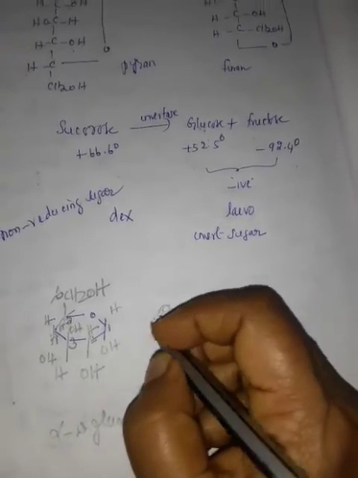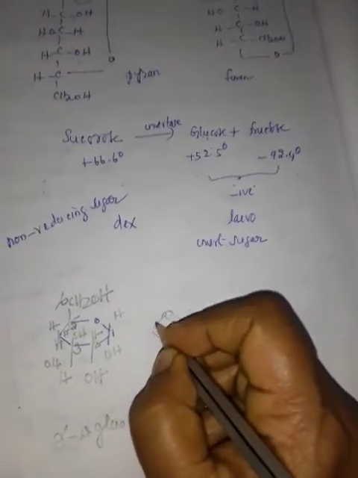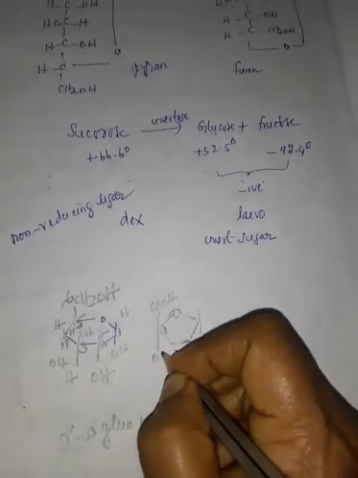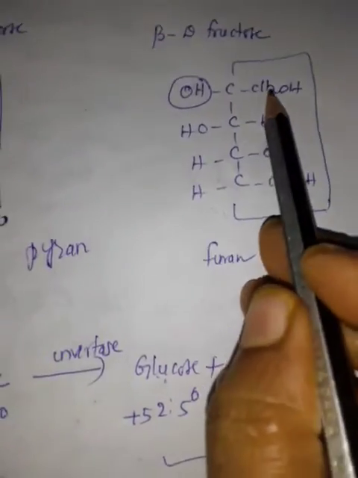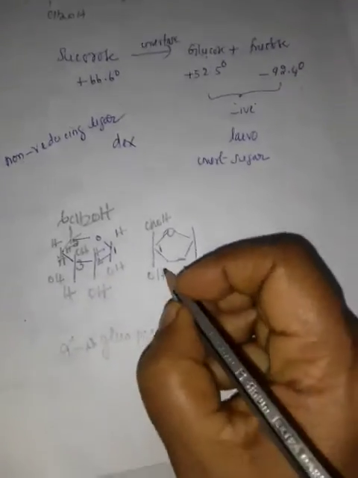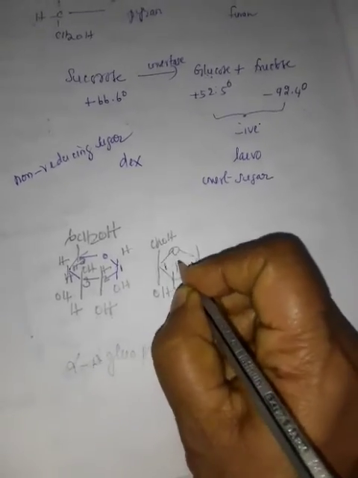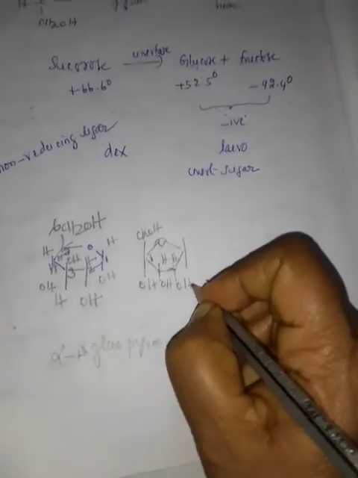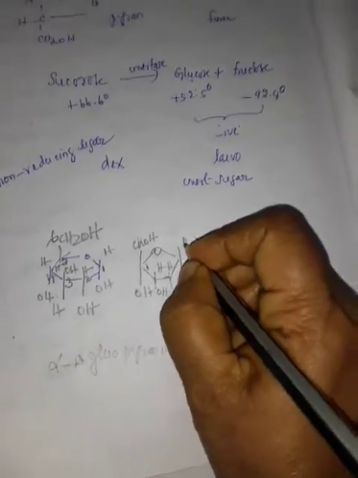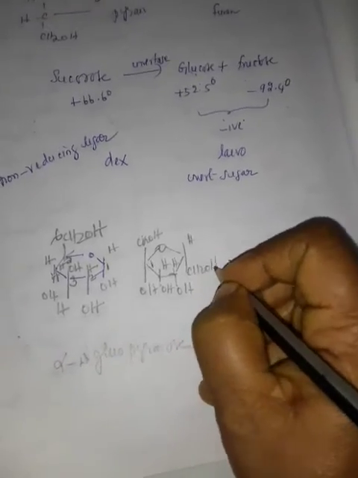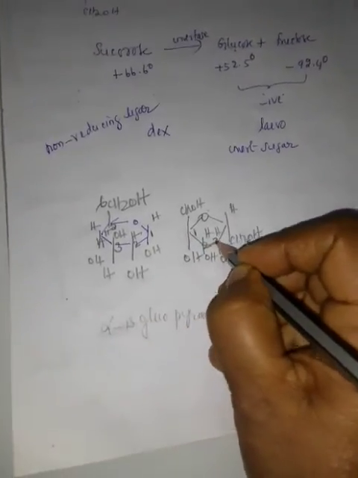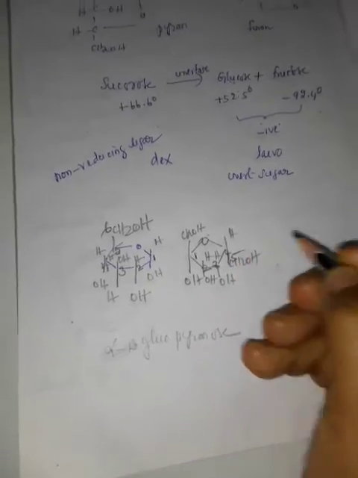Here also this is the first carbon. CH2OH below, 1 OH here, next H, OH, next also H, OH, next H, CH2OH, 1 O, that only here. Now here this first carbon, second, third, 4, 5.